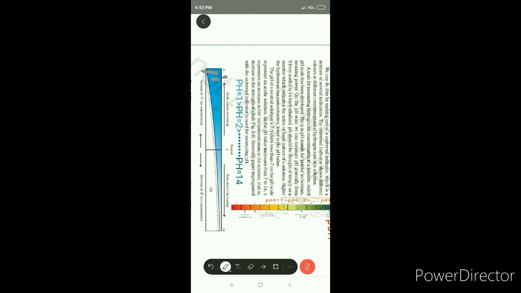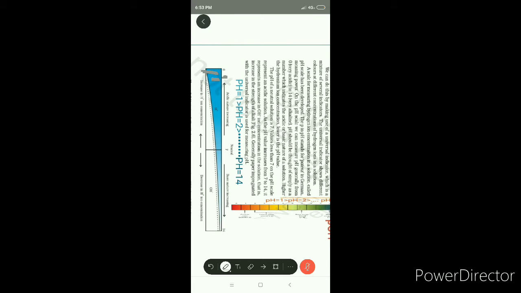So the pH of a neutral solution is 7, so it is the middle point. At 7 this is the middle point and this level is the neutral level. There are some substances, for example pure water, which is neutral in solution. Okay, neutral.